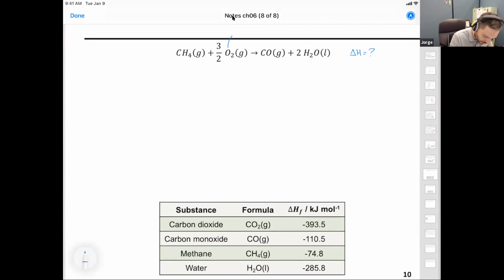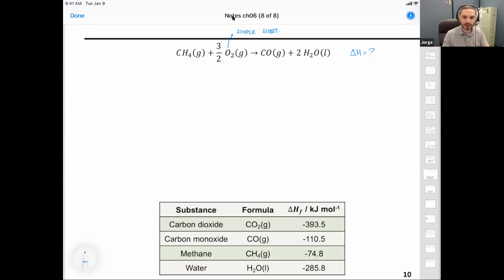However, oxygen is a simple substance. What's the importance of finding the simple substances? Because by definition, the energy of a simple substance is always zero. Carbon monoxide is not a simple substance, and water is not a simple substance as well.